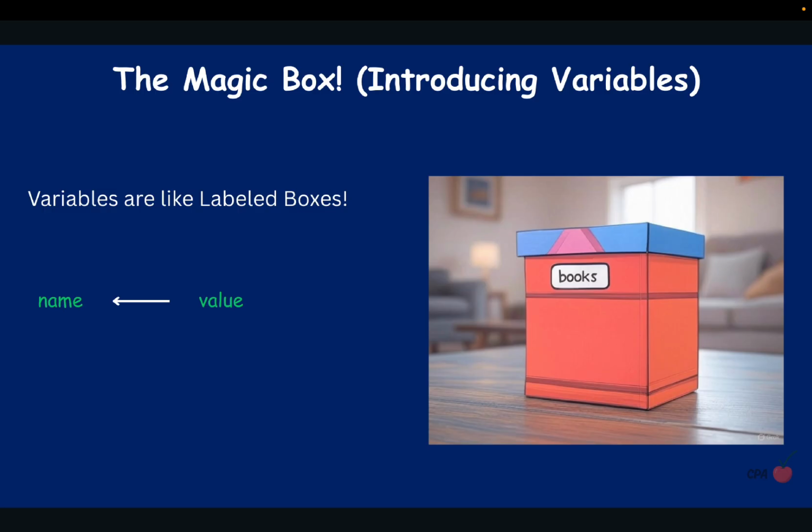The best way to think about a variable is like a labeled box. You can put information inside the box, and the label helps you find the right box later. This label is the variable's name, and the information inside this box is its value.